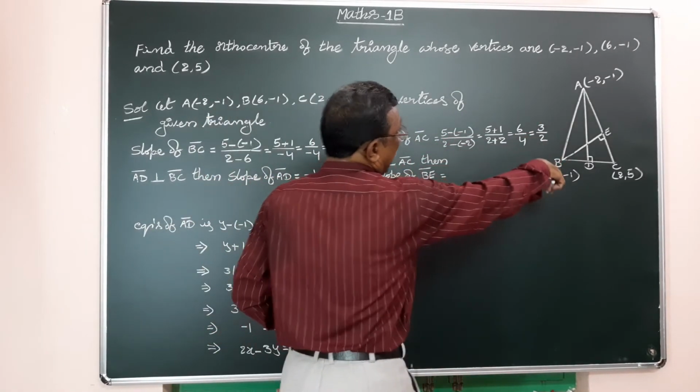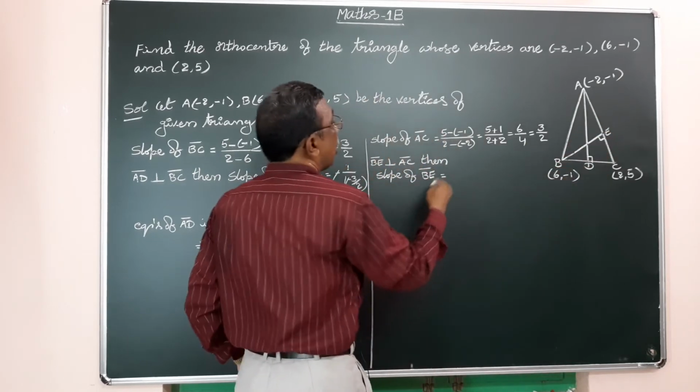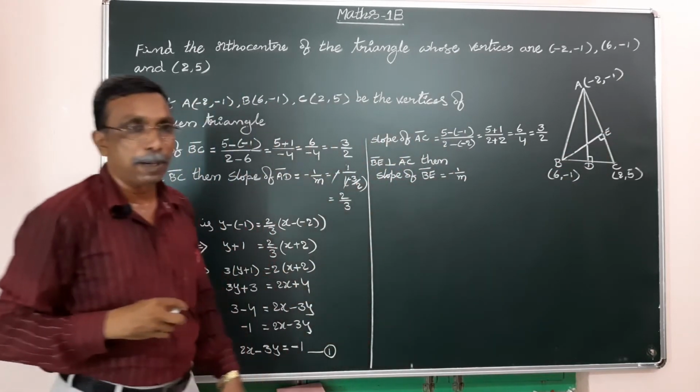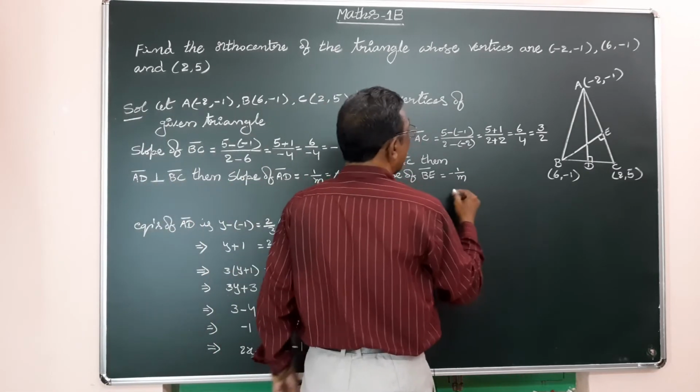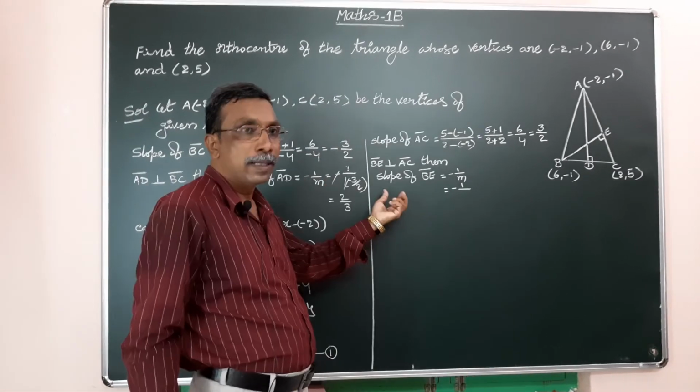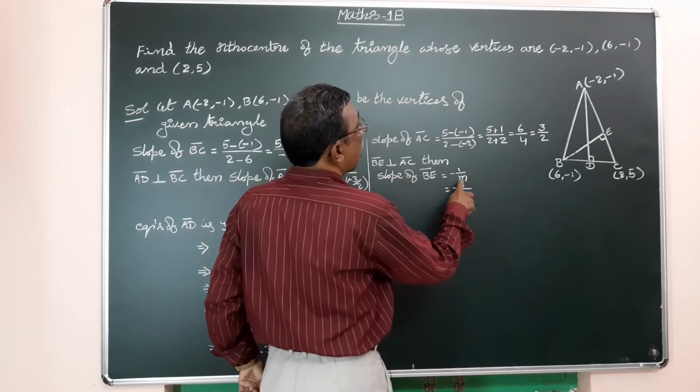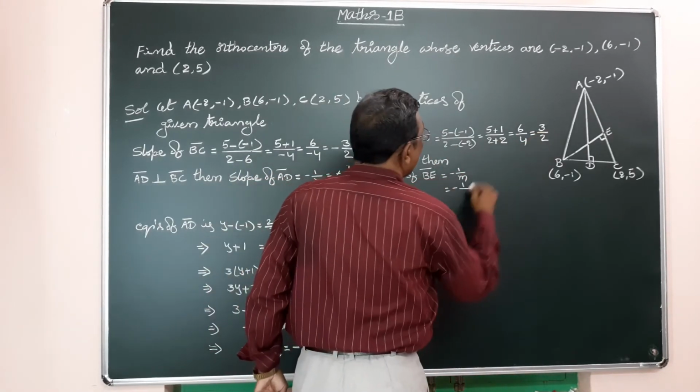So BE bar is the perpendicular line, so the slope of BE bar is minus 1 by m. Minus 1 by m, m is 3 by 2.